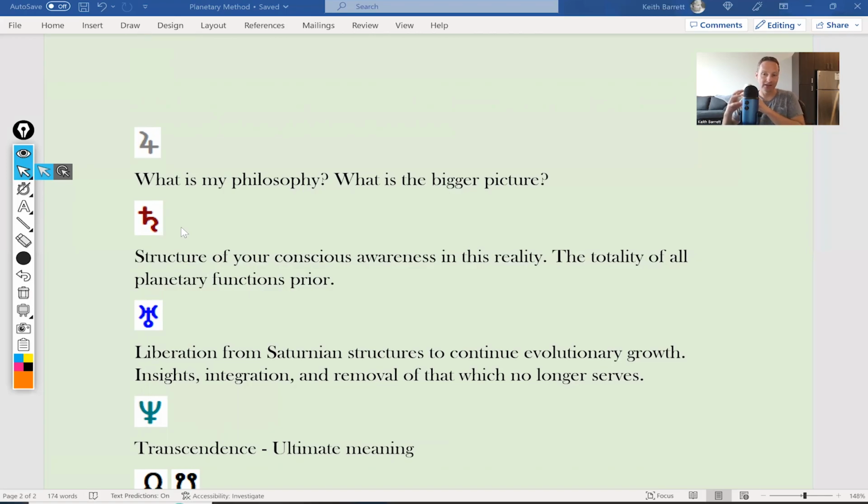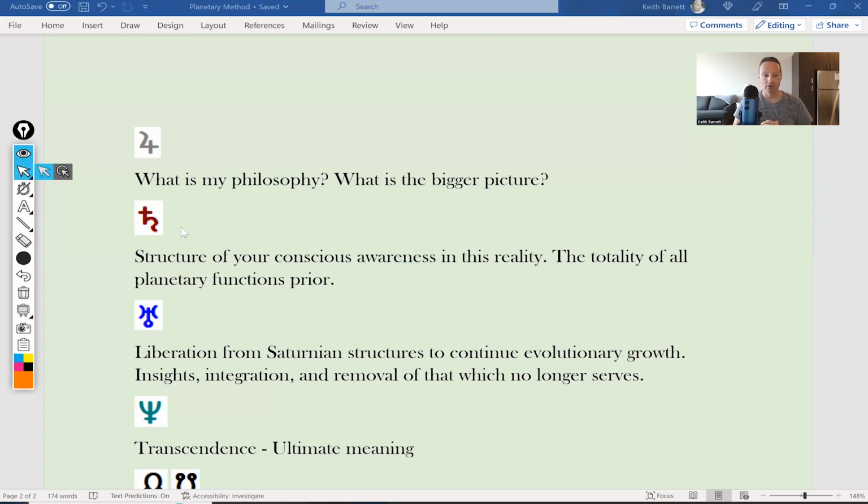So all of the planets outside of Saturn's orbit, like Uranus and Neptune and Pluto, is like your soul or your unconscious or past life experiences, things that are beyond this reality. So I like to look at Saturn as, you have a sun sign, right? And most people are familiar with that. But look at your Saturn sign, because that's really your conscious awareness and how you're constructing your reality.